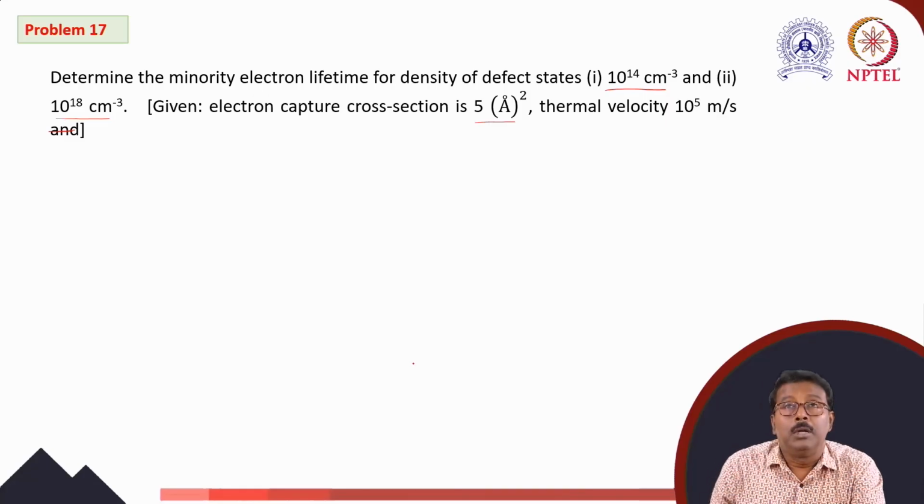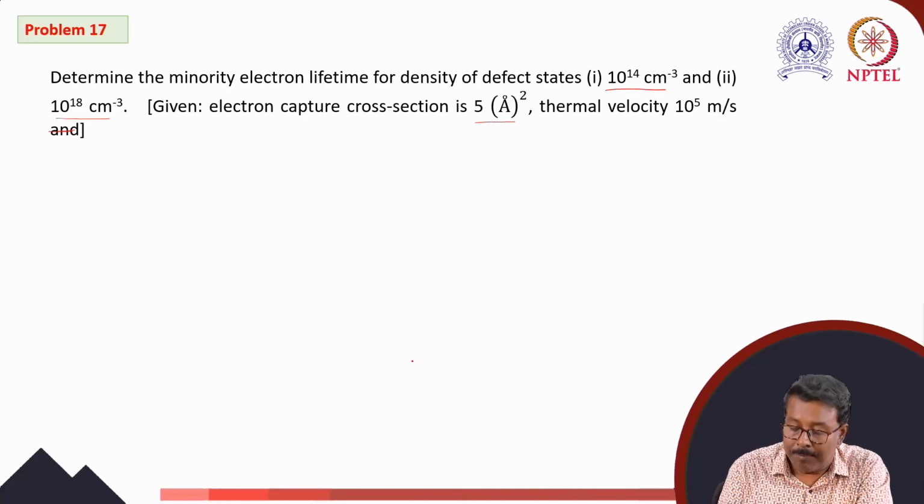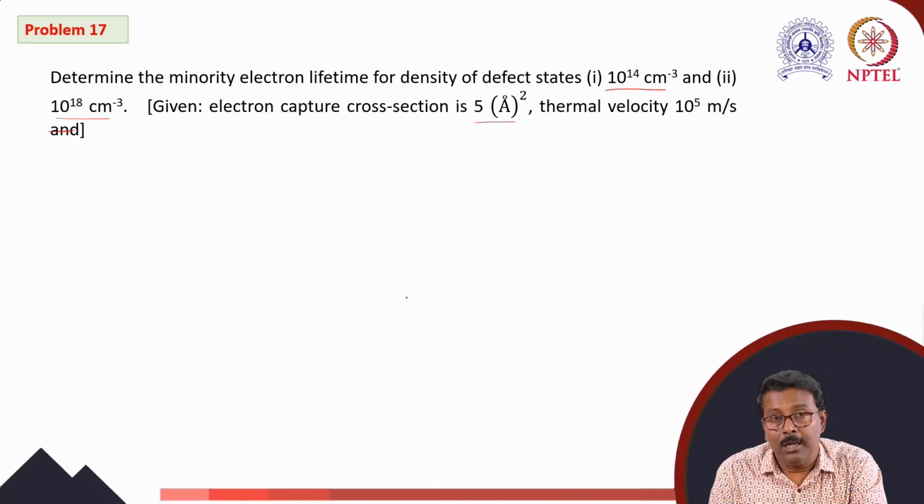We have to use the formula. Which formula? You know, minority carrier lifetime is related to the capture cross section, thermal velocity and density of defect states. Basically, the intention of this problem is to show the variation of carrier lifetime with change in defect density.